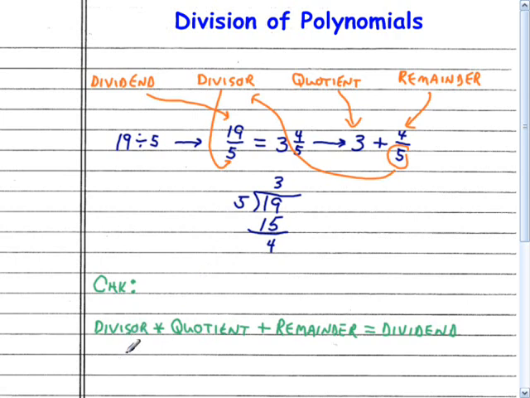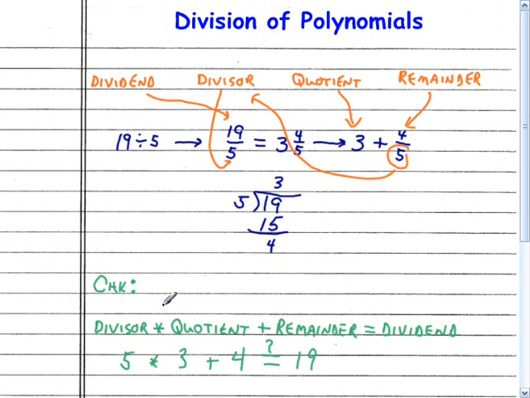So the divisor times 3, which is the quotient, plus the remainder, which is 4, is supposed to result in 19, what we have here, which is the dividend. And we see, of course, it does, and so we know we're correct when we have done this long division.